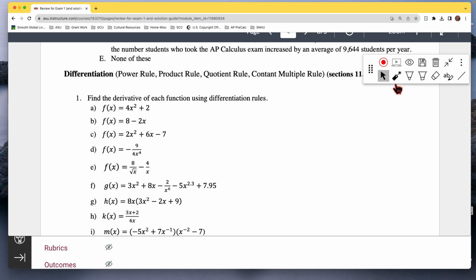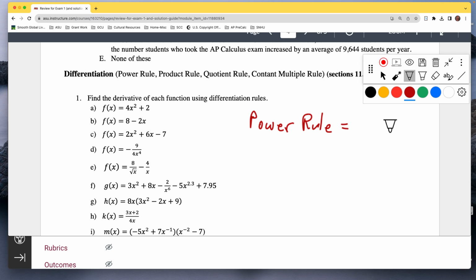And just remember, power rule is simply if we have 3x to the 5th, its derivative will be the 5 comes down, 5 times 3 is 15, x to the 4th power. So we're subtracting 1 from the exponent. You'll see x to the n equals n times x to the n minus 1.